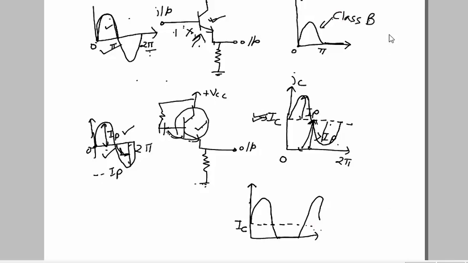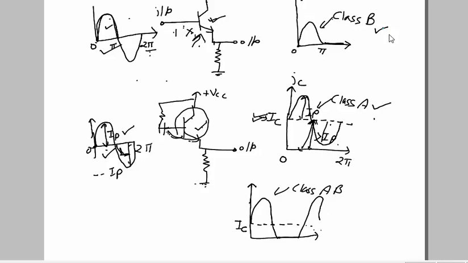Now see, this we call class B, this class A, and this class AB. It means in class A, the conduction angle is the full 360 degrees. For class B, the conduction angle is 180 degrees.